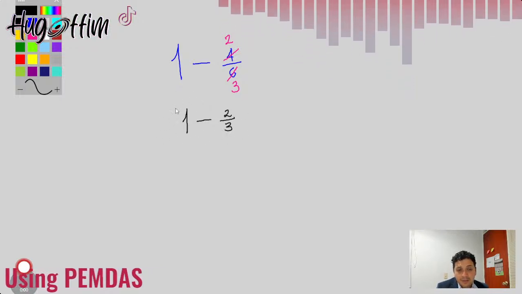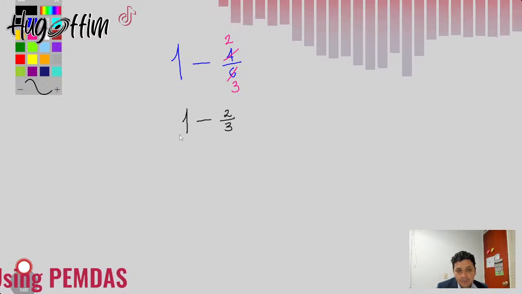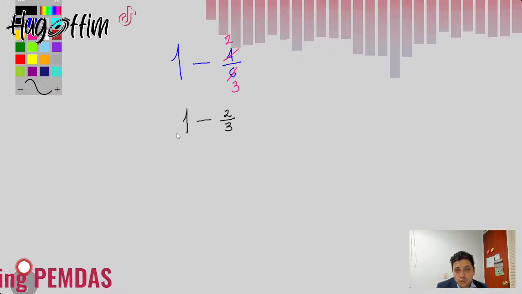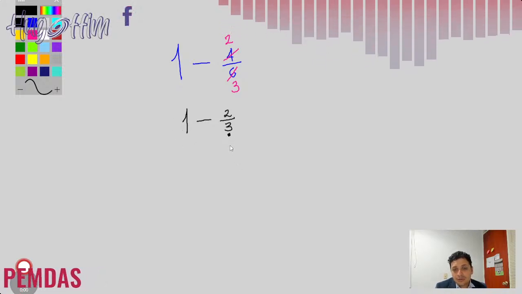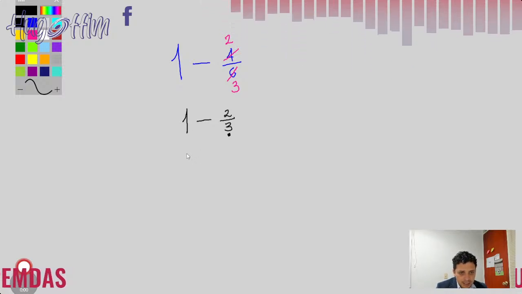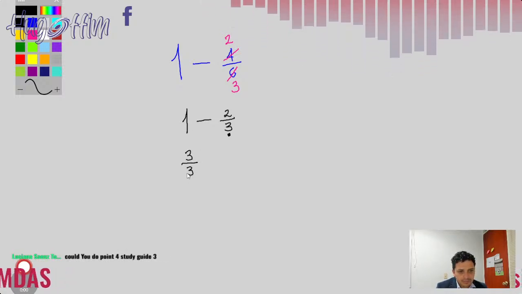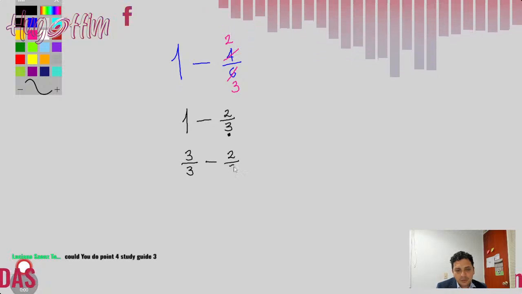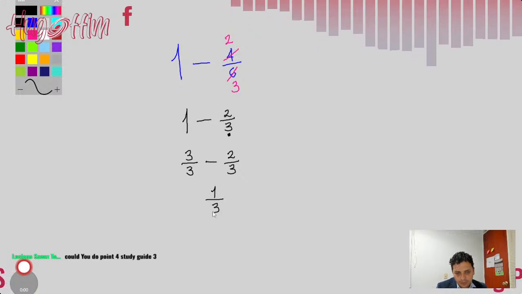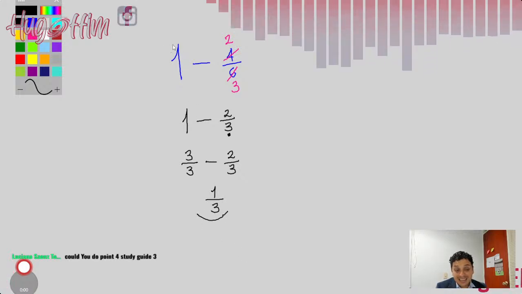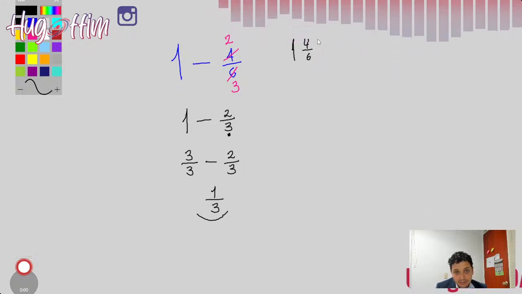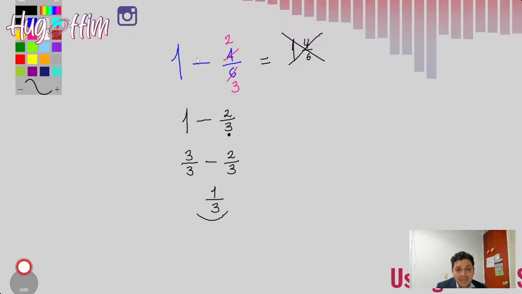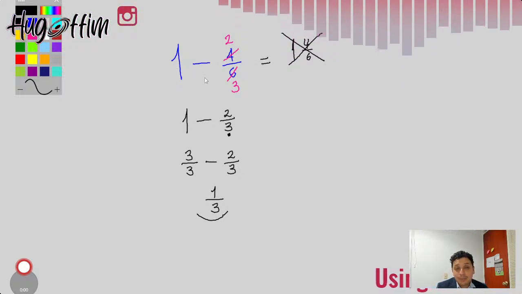Now, after you have your fractions in simplest form, and you have a 1, this unit, I'm going to put it as a fraction whose denominator is 3. So in this case, I'm going to put it as 3 over 3 minus 2 over 3. So 3 over 3 minus 2 over 3 is going to be 1 over 3. And this is why I cannot put that this is 1 and 4/6. I cannot put it this way, because I'm taking the whole and subtracting a part.